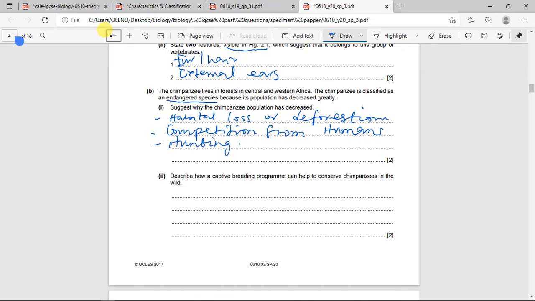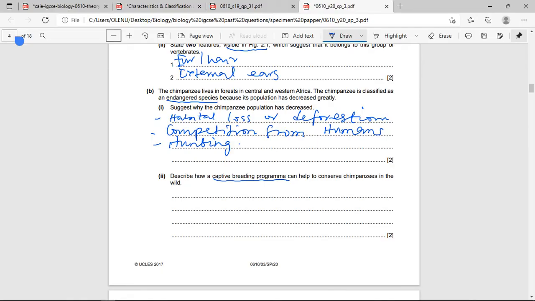Describe how a captive breeding program can help to conserve chimpanzees in the wild. First, captive breeding, what does it mean? Captive breeding has to do with when you catch these animals from the wild, you put them in a particular housing and you breed them so that they will have time to reproduce and increase in number.